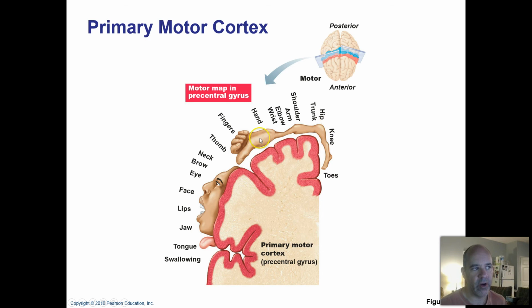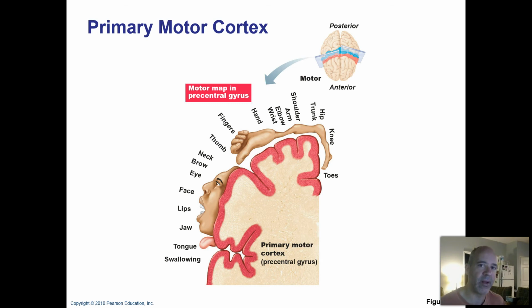If you notice the weird sizes of the different body parts on there, think about how your hand is capable of a lot of complex, very delicate movements. Because of that, you have to have a lot more precision in the control. So there are a whole lot more upper motor neurons up here that are involved in controlling the muscles of the hands. Whereas with your legs and your feet, you don't have the same type of precise movements that you do with your hands.